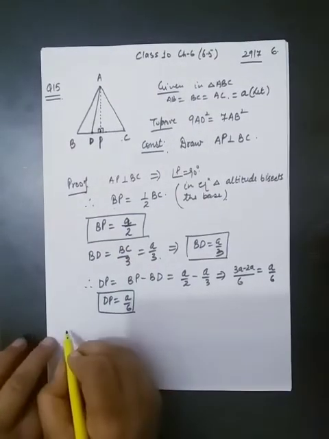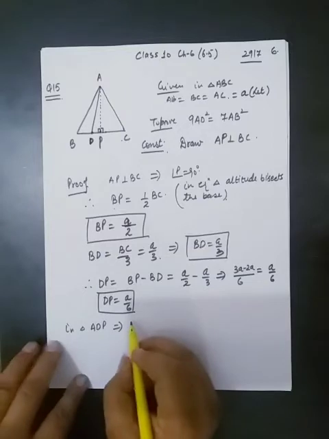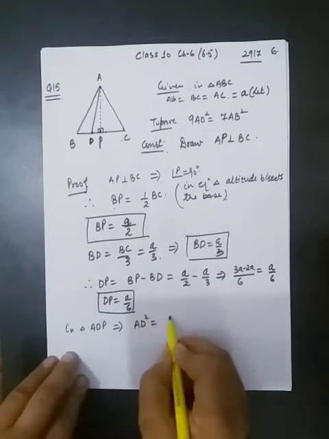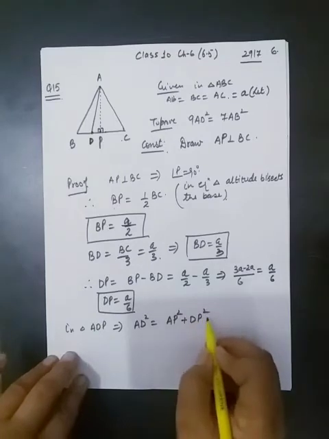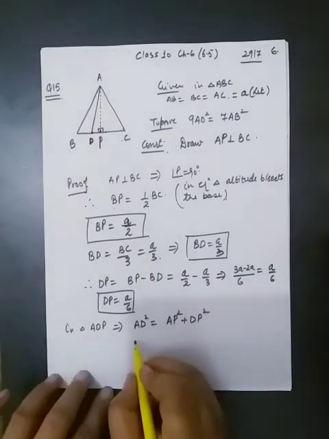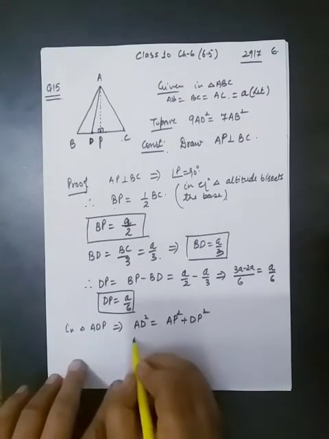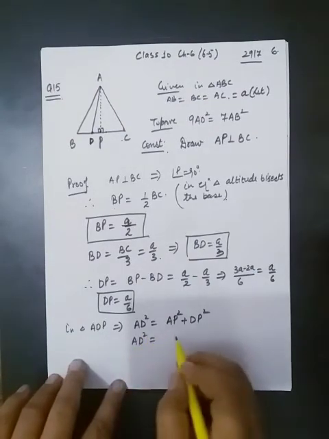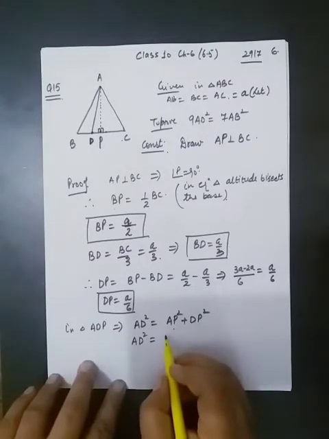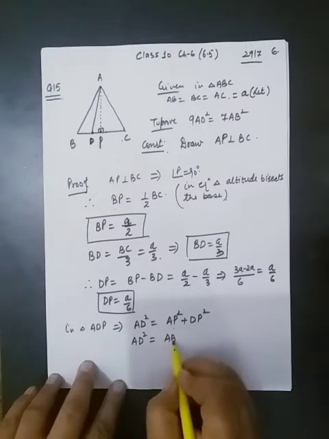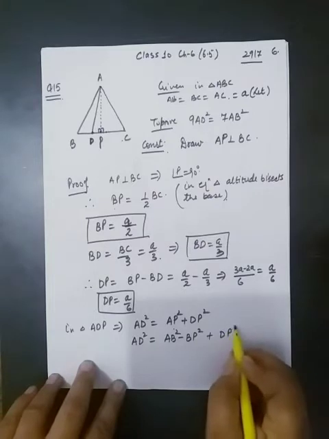Now, in triangle ADP, this gives you AD square is equal to AP square plus DP square, and so AD square is equal to, and AP square we can write from triangle ABP as AB square minus BP square, and this as it is DP square.